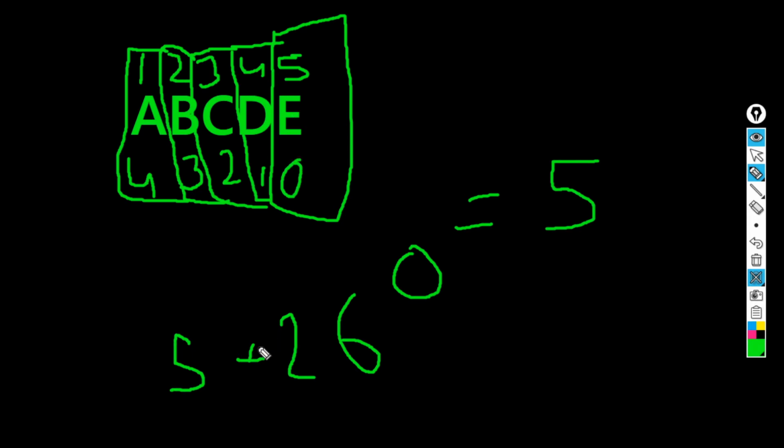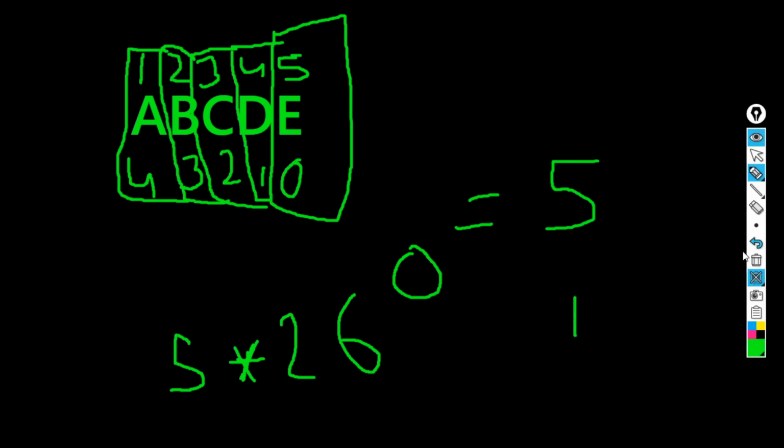Now 4 and 1 came. With this 4 and this 26, we will not add, we will multiply. So 5 multiplied by 26 to the power 0 comes to be 5.